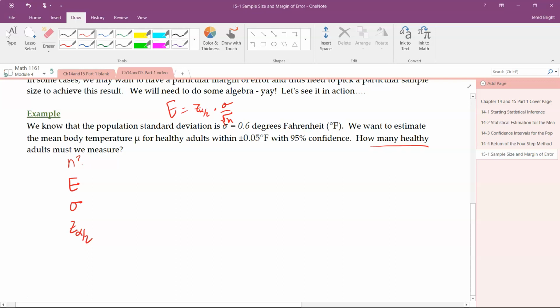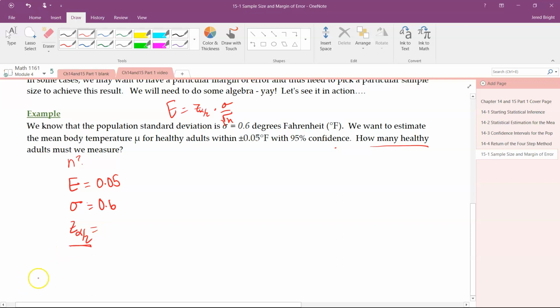E here is our margin of error, that's our 0.05. I take it as the absolute value because I would add and subtract that. Sigma is 0.6, and then 95% confidence, so that's where I need to figure out what z alpha is.